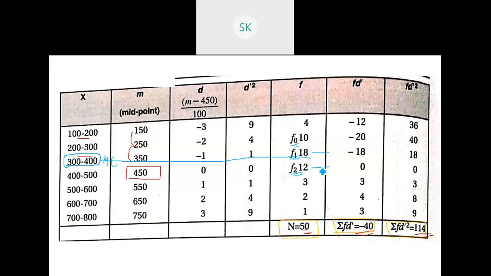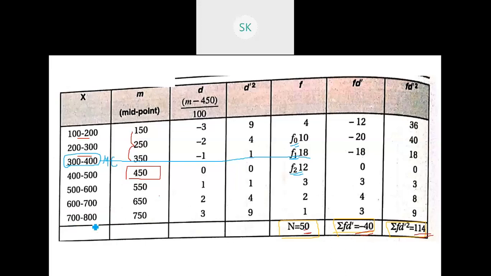Then continue the calculation of skewness. Here we have a good amount of difference, so we are not going through the analysis table. Suppose this frequency was 18 as it is, and the next highest frequency was 17. In such a case you have to do an analysis table. Here we don't have that. Let's go on and use the formula and calculate the mode value.